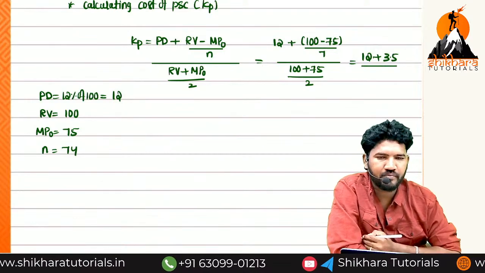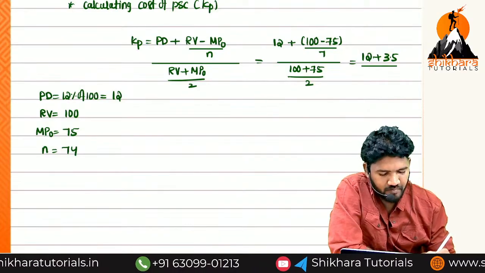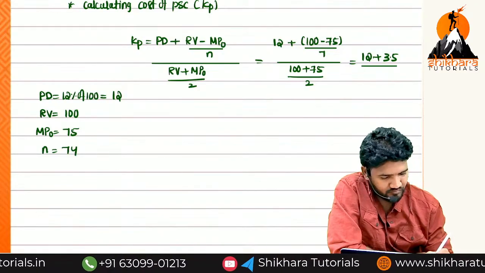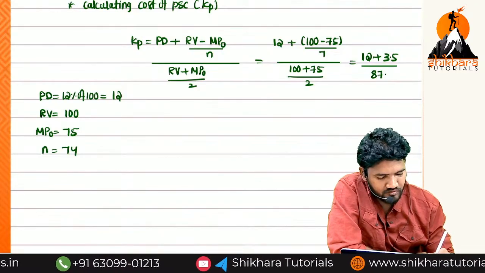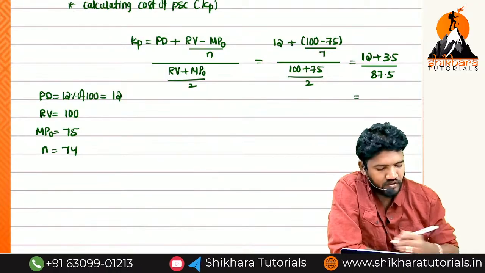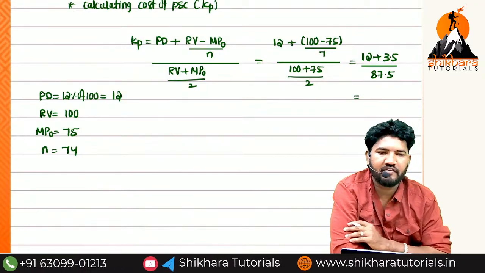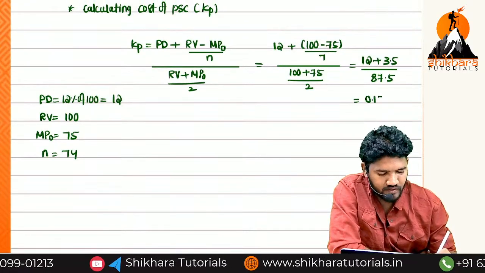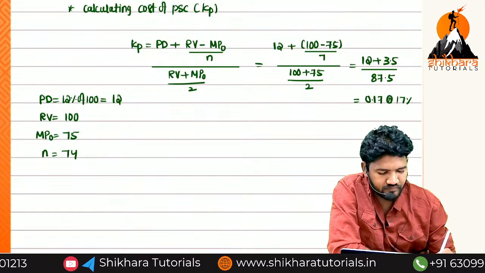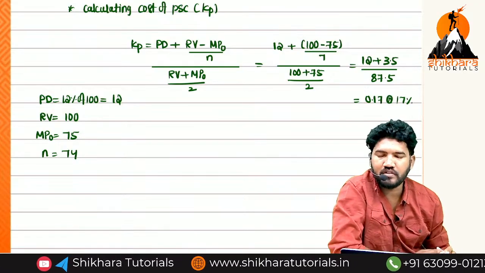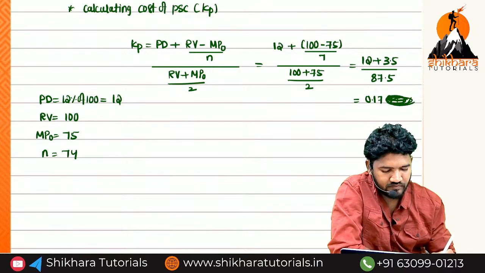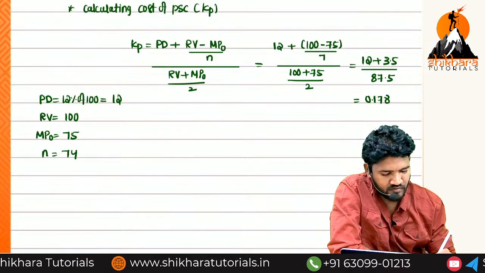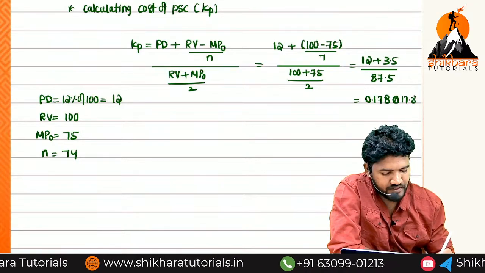What about the average value? 100 plus 75 divided by 2, 87.5. 12 plus 3.5 divided by 87.5. 0.17 or 17%. 17.178, 17.79, they round off to 17.8%.